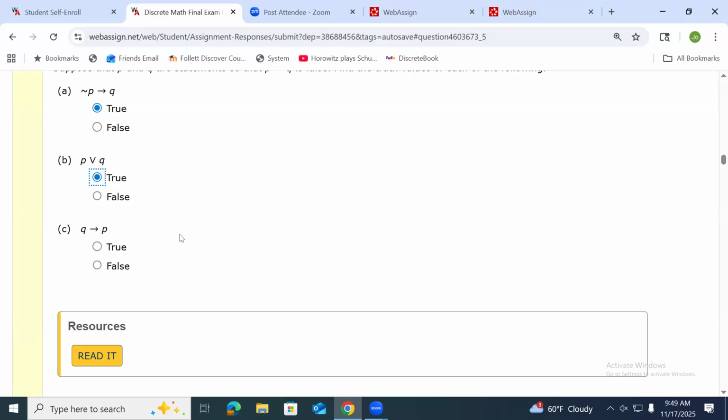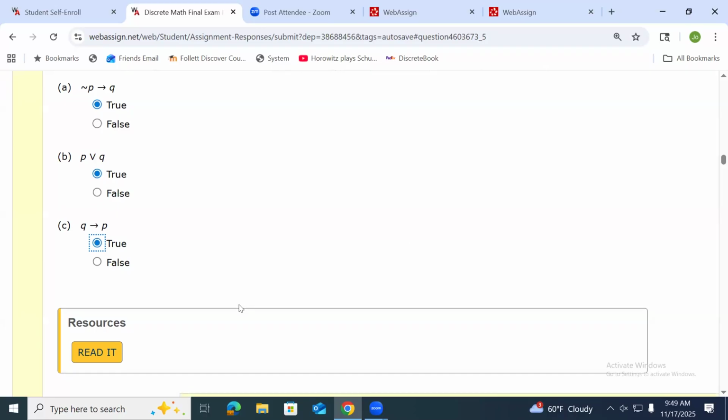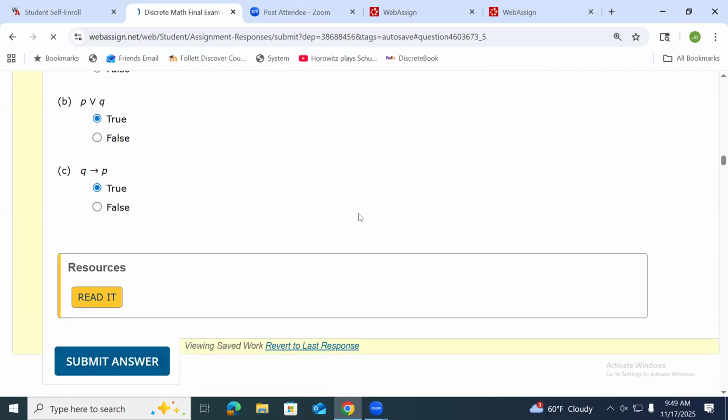So if Q is false, we automatically know that this has to be true, because anytime the first part of an implication is false, it's automatically true. Because an implication says if something happens, then something else will happen. And if the first part is false, that means the first part didn't happen. So the whole promise is automatically kept because it doesn't have to be kept, because nothing happened, basically. So there's that. So let's check that.